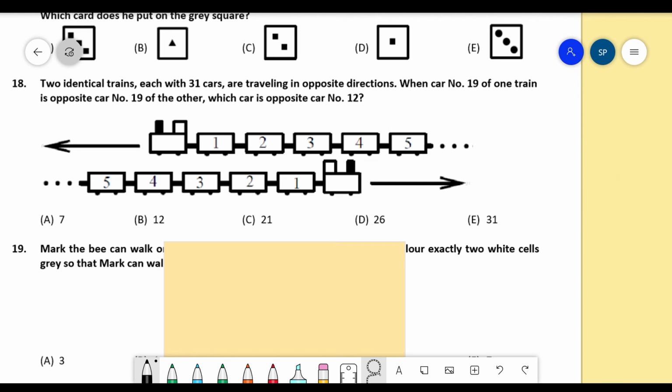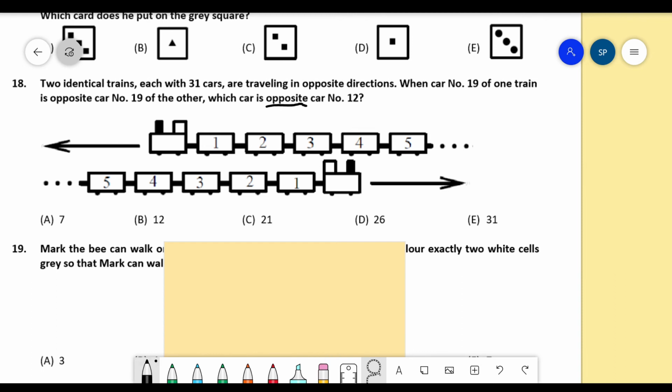Two identical trains, each with 31 cars, are traveling in opposite directions. When car number 19 of one train is opposite to car number 19 of the other, which car is opposite to car number 12? Basically, both of these trains are going in opposite directions.